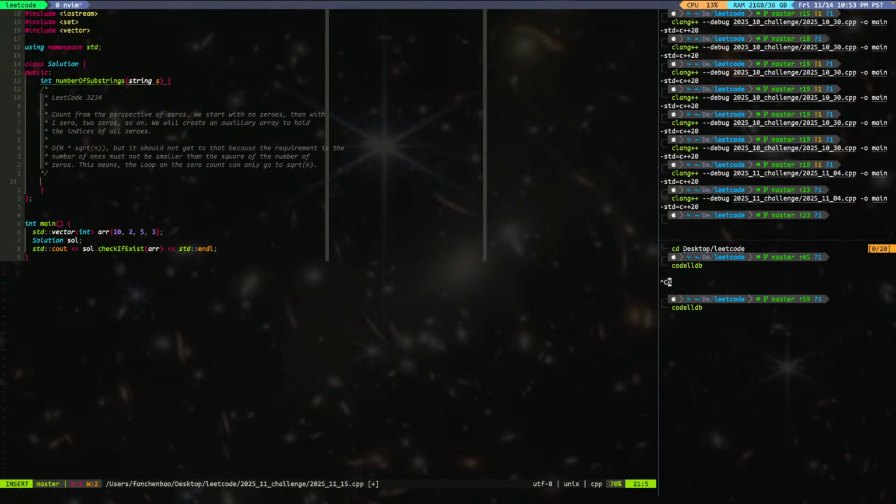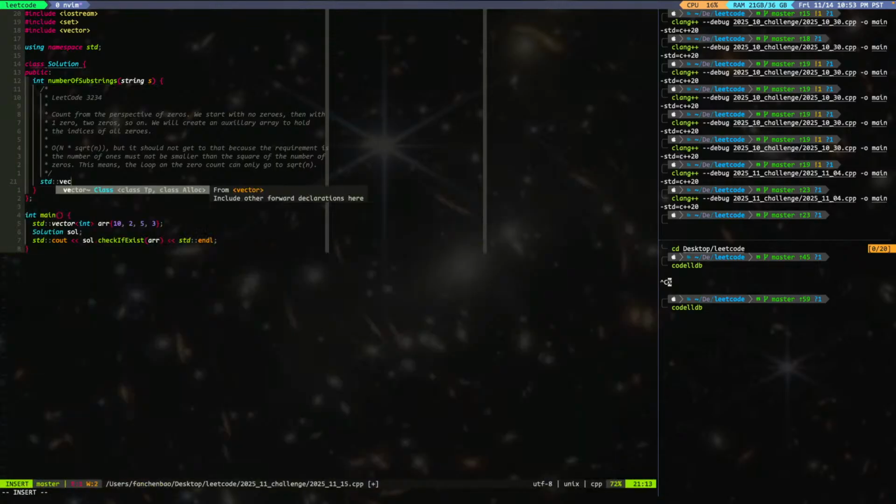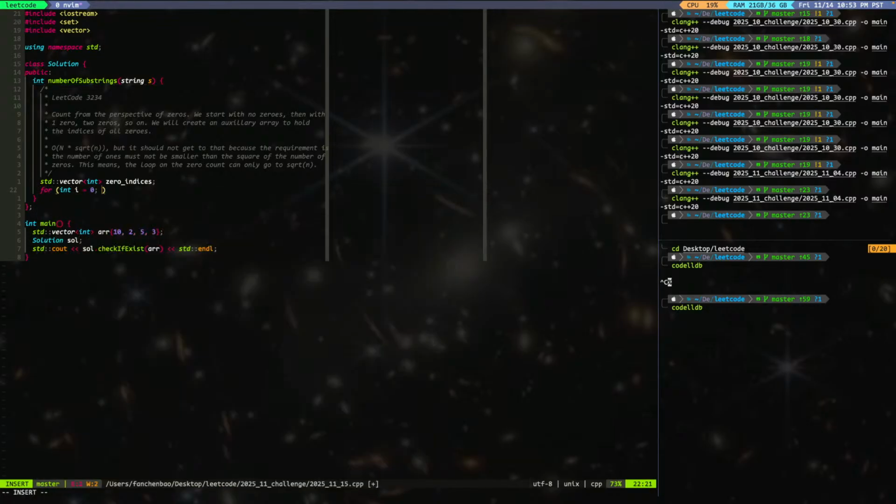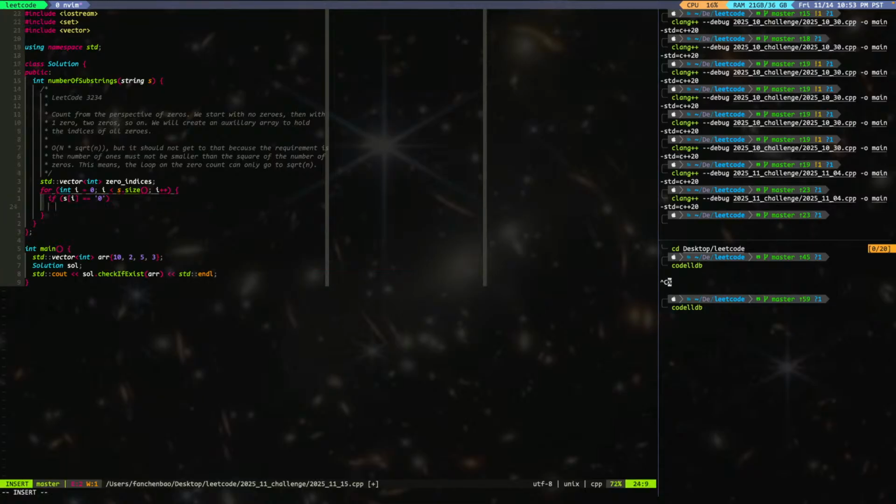Okay, so we'll do vector int zero indices. If s[i] is equal to 0, zero indices dot push_back i.